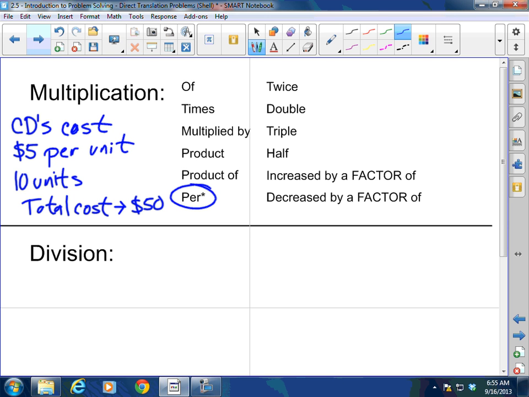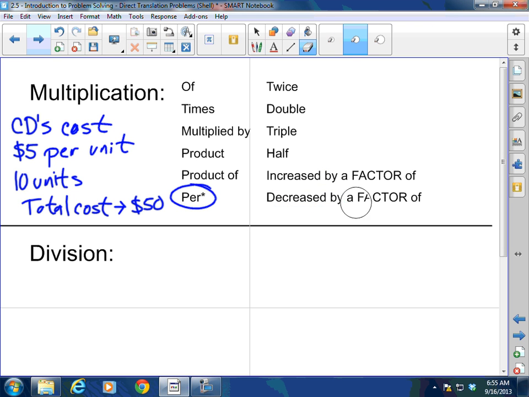Twice, double, triple, that means multiply. Half, increased by a factor of, decreased by a factor of. If I just have increased by itself, that's going to be addition. If I have decreased by itself, that's going to be subtraction.